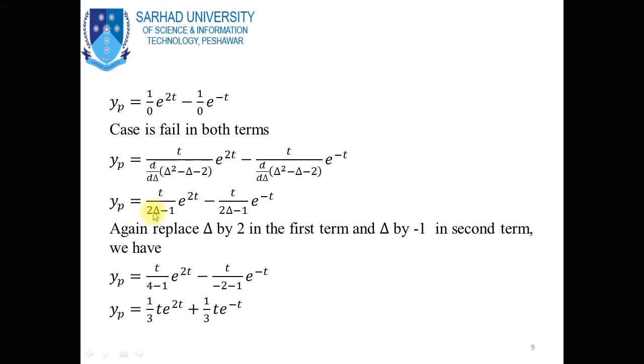So replace del by 2 in the first term and del by minus 1 in the second term. So we obtain t divided by (4 minus 1) into e power 2t plus t divided by (minus 2 minus 1) e power minus t. So the particular solution is 1 over 3 t e power 2t minus 1 over 3 t e power minus t.